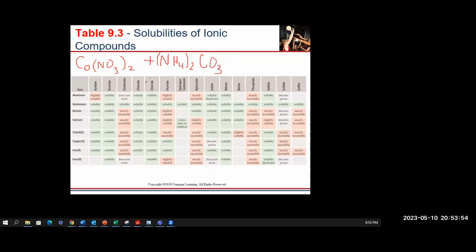If we go down here to cobalt and over to nitrate, we'll see that that's soluble, so that's going to be aqueous. If we go over to the other side, we have ammonium carbonate. It's also soluble, so again, that's going to be aqueous.